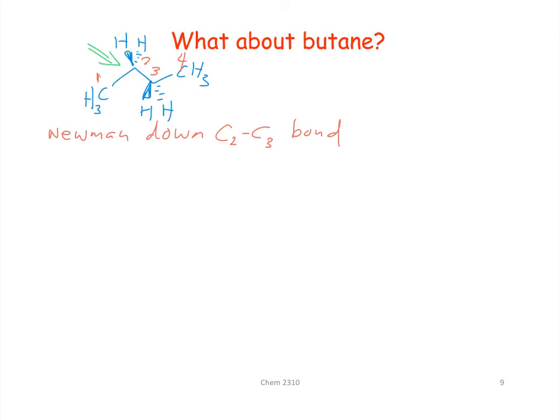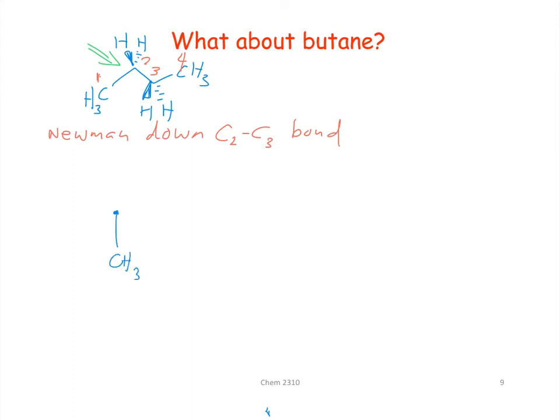I'm just going to imagine climbing up there and looking down the bond. And what I should see, hopefully, is that the carbon in front has a carbon to methyl group bond that's going to be going straight down. Okay, so I'm going to draw it down like this.